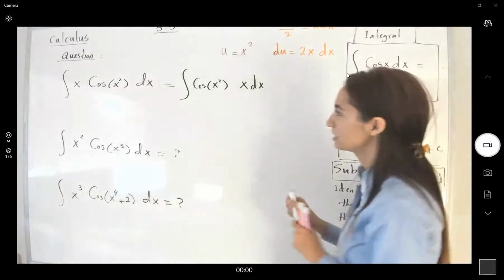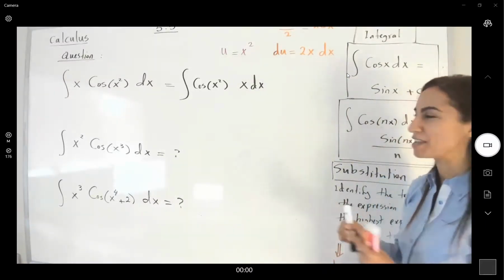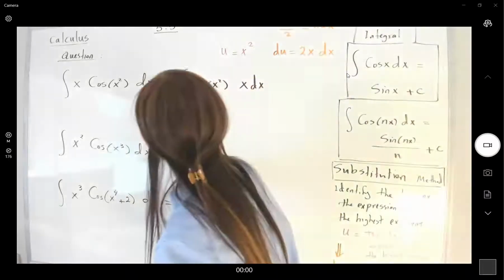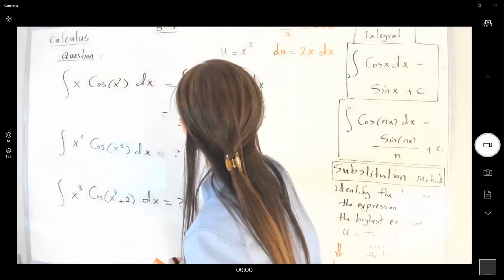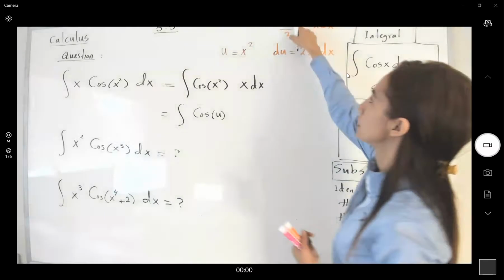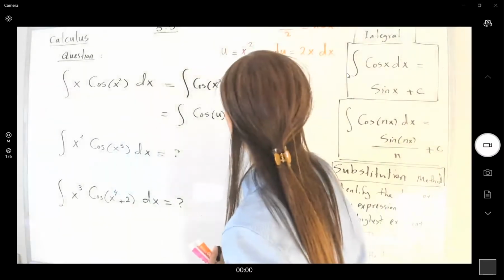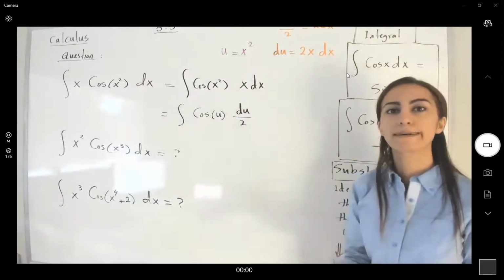Okay, so let's now substitute everything, see what do we have. This guy is now equal to the integral of cosine u, and x dx is du divided by 2. Well, what is the integral of cosine?